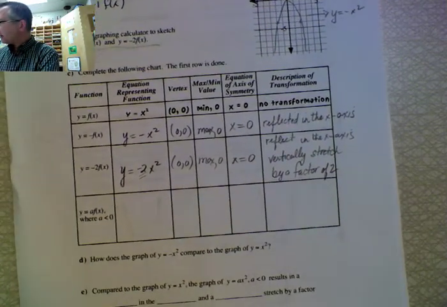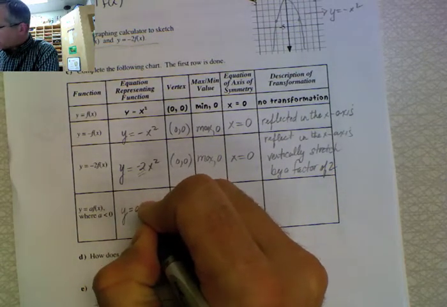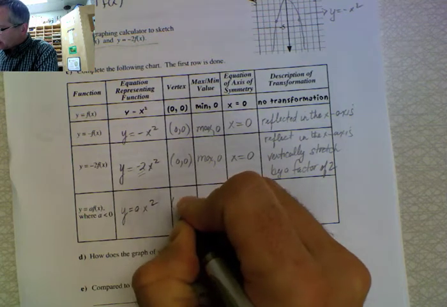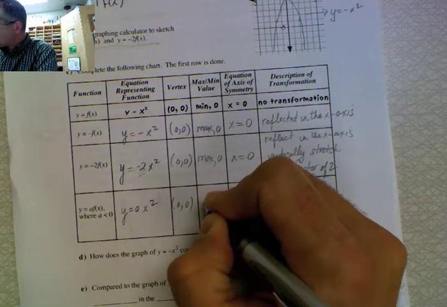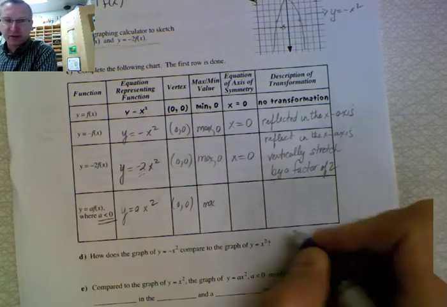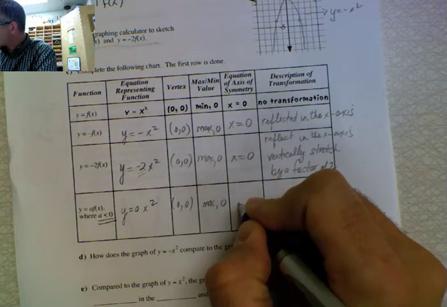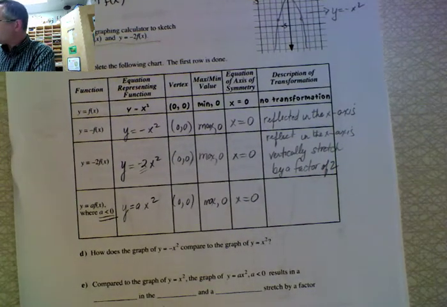So in general, if we have y equals ax squared, we're going to have a vertex at 0, 0. Because a is negative, it says a is less than 0, if a is less than 0, we're going to have a maximum value. We're going to have an axis of symmetry at 0.